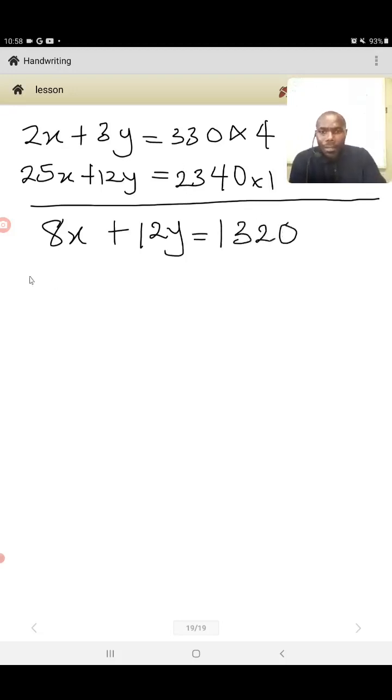The other one is 25x plus 12y is equal to 2340.